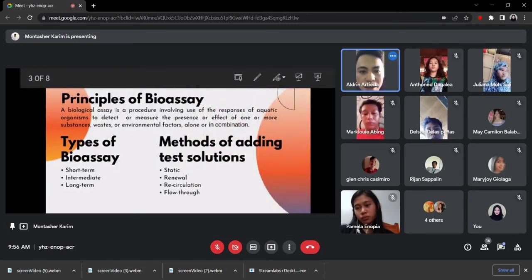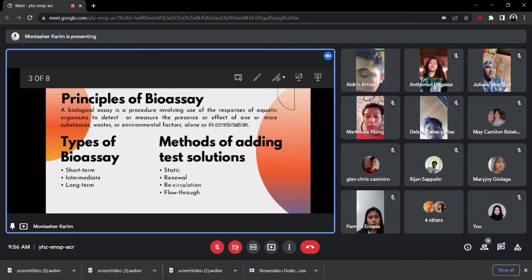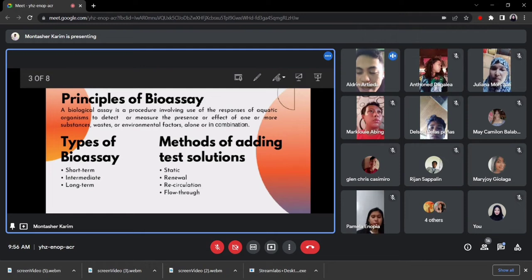What's the difference between short term, intermediate, and long term bioassay? Can you go back to the slide? It shows the sensitivity of various organisms. In the short term, it determines the effective concentration value.